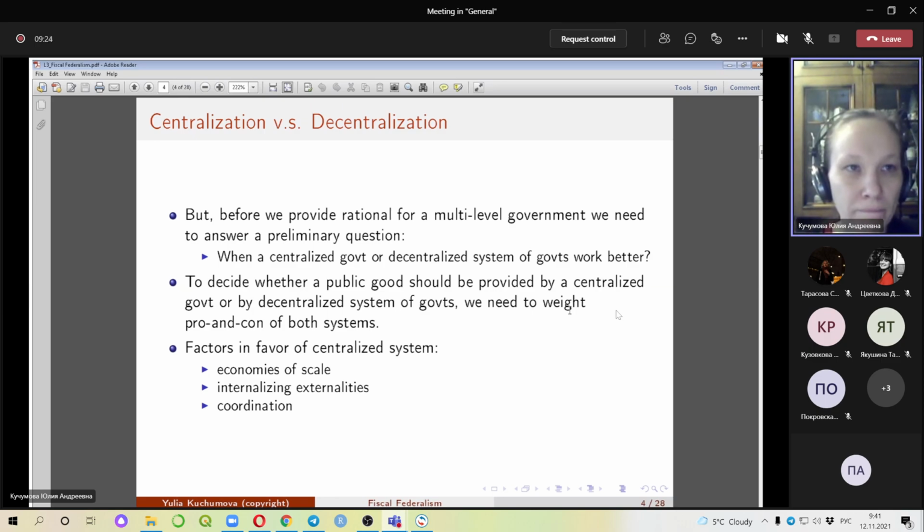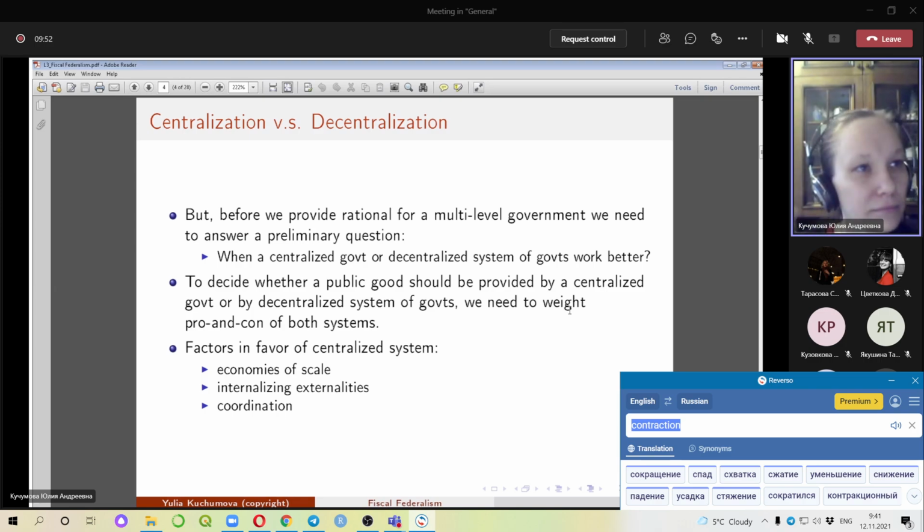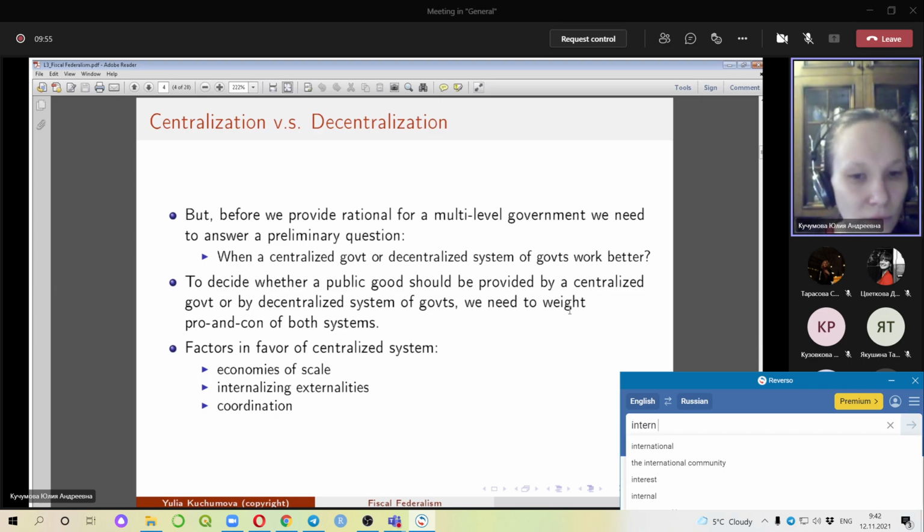For example, if we have constructed some factory that produces a lot of poisonous or not very healthy gases, and this factory is on the border of another region, then it produces externality on the other regions. This is a very classical example.